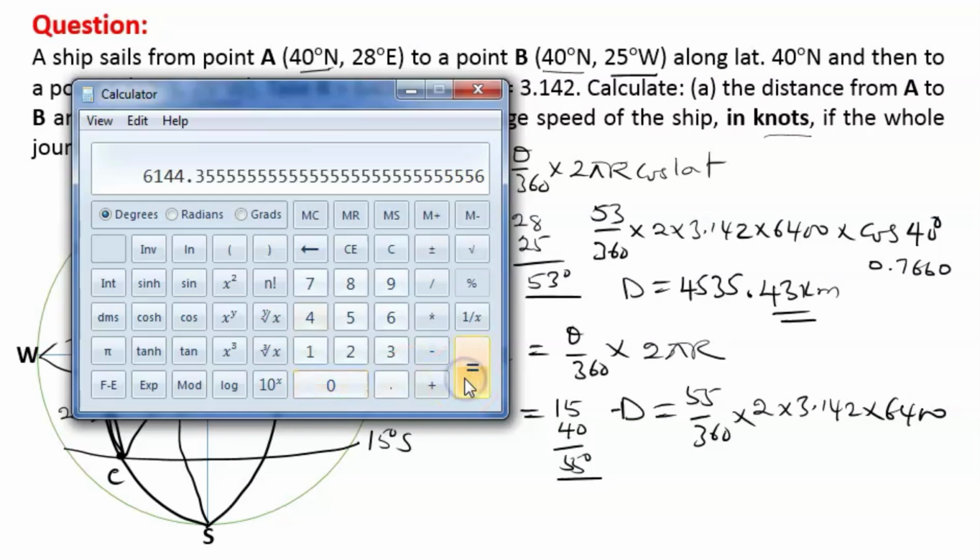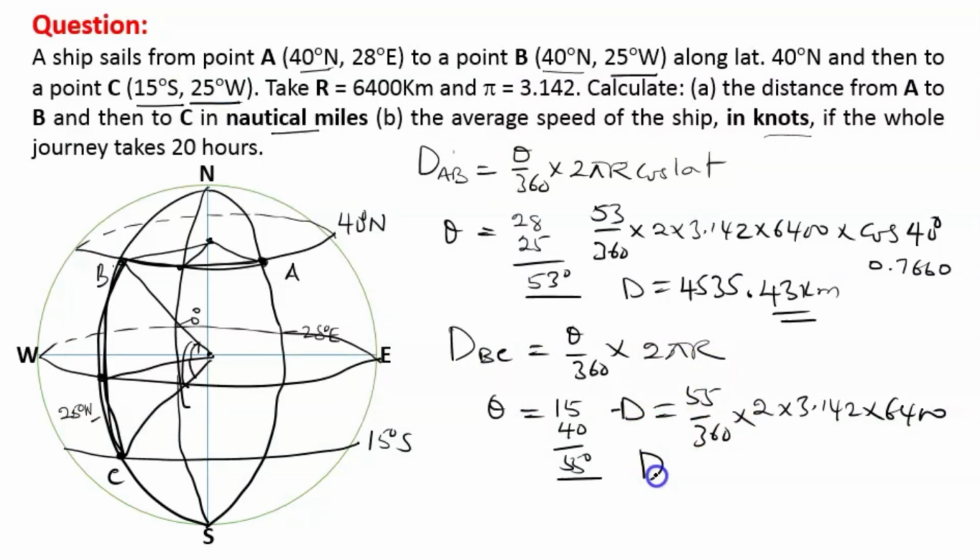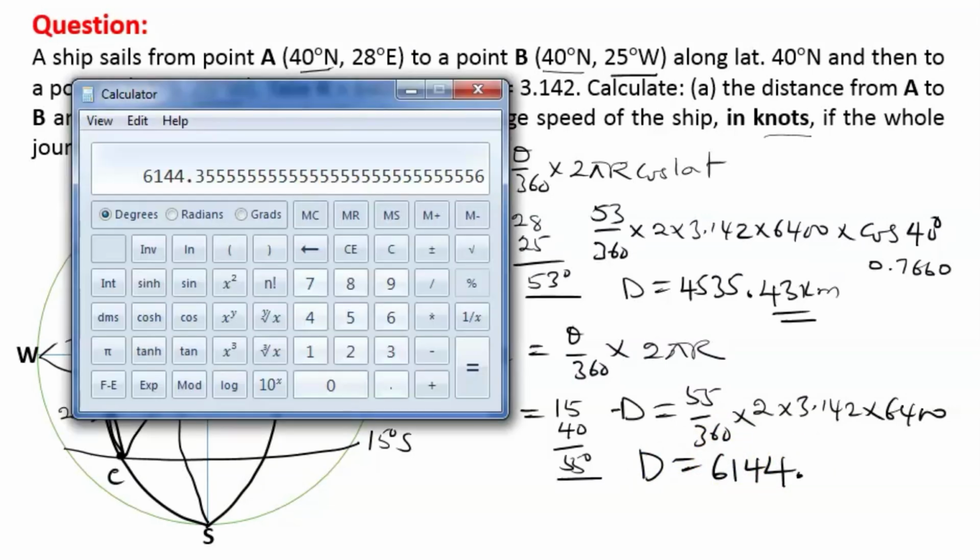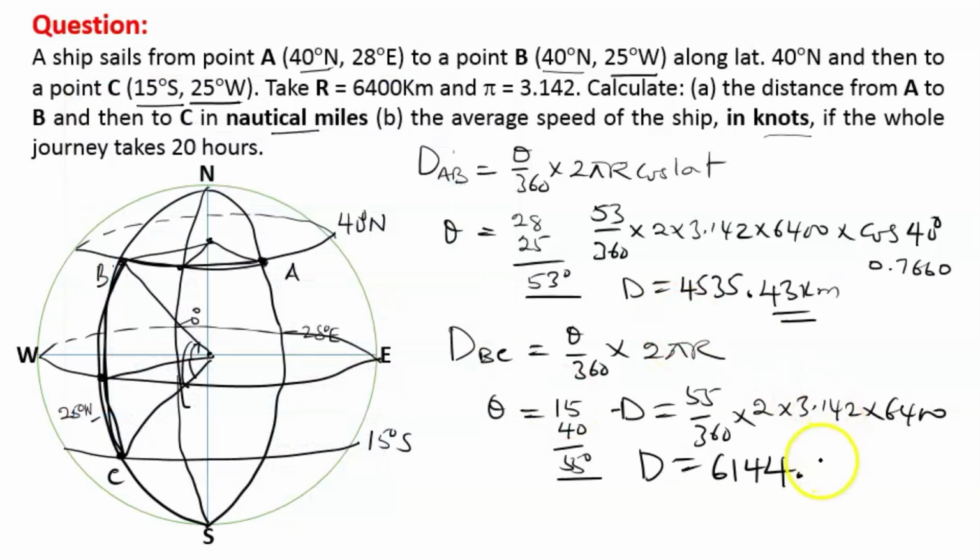When this is done, we have 6144. So the distance is 6144 point, let's accommodate the decimal, which is 36 to 2 decimal places, 36 kilometers.